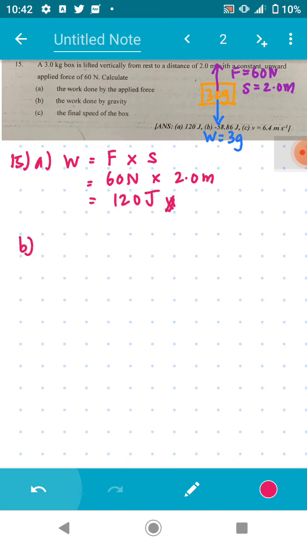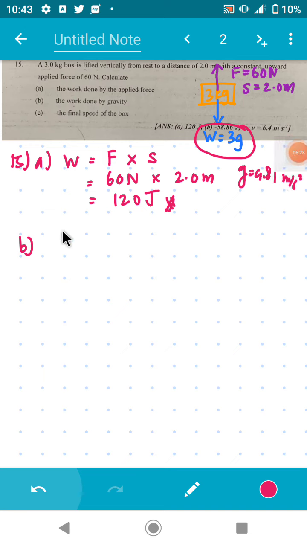B, the work done by gravity. The work done by gravity is due to the weight of the box. Weight is 3 times g, and I use g equal to 9.81 meter per second square.